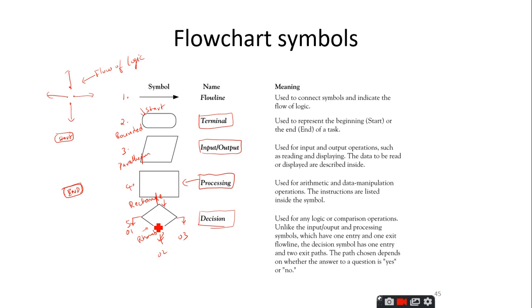Based upon the condition that you have given in this rhombus, it will go either to output 1, output 2 or output 3. So one input, multiple outputs. And it is named decision because it is based upon the decision given inside this rhombus. There will be some logical expression or comparison expression here, and once it is evaluated, you give the output like this.